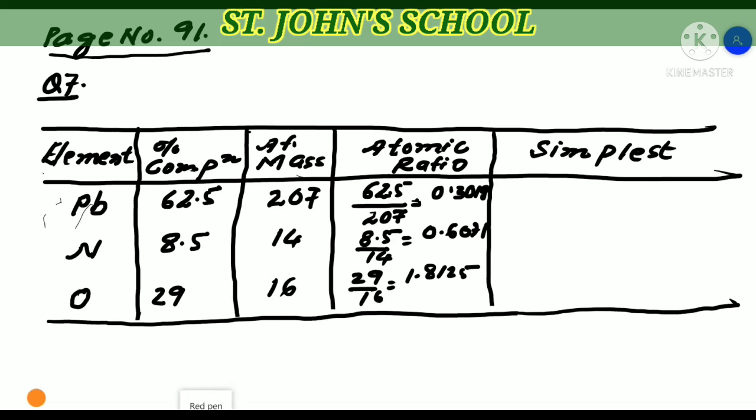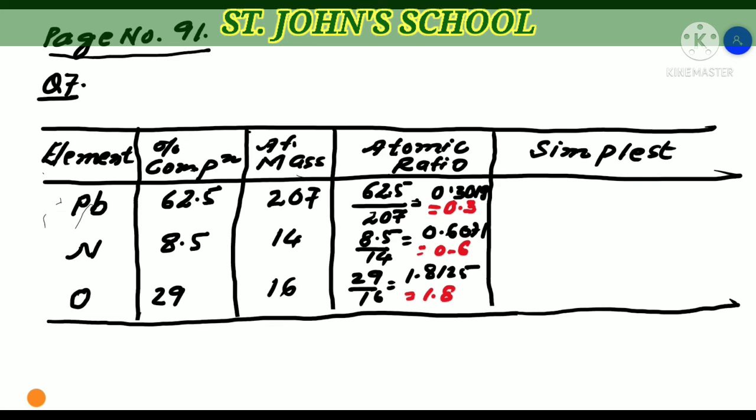Now for simplicity, we'll take the numbers up to 1 decimal place, because up to 1 decimal place most of the numbers are divisible by 3. So 0.3 I can take here, 0.6 here, and 1.8 here. So we have now got the atomic ratio.